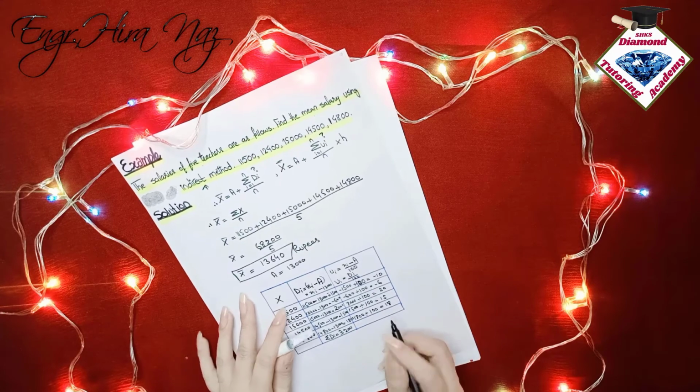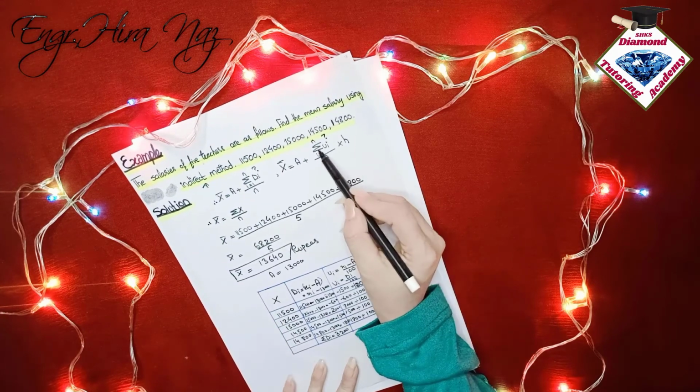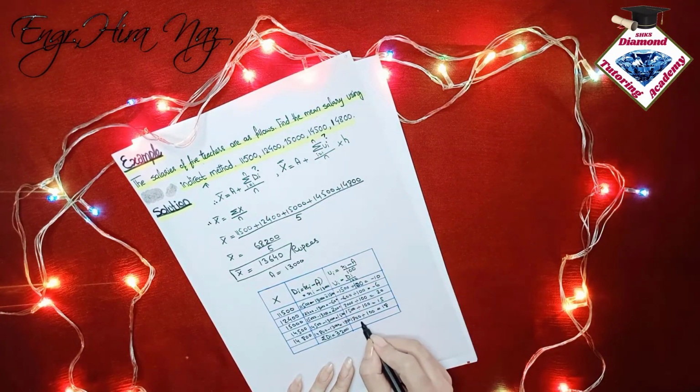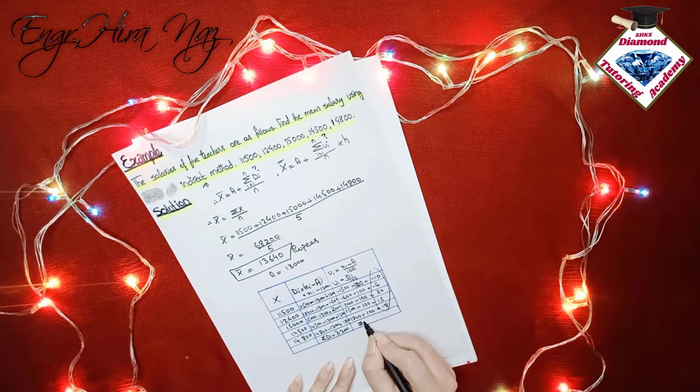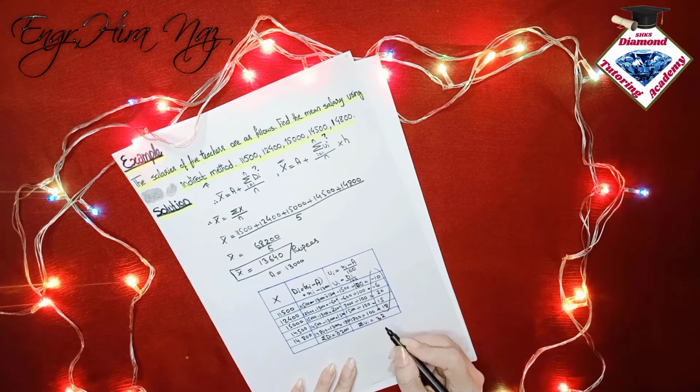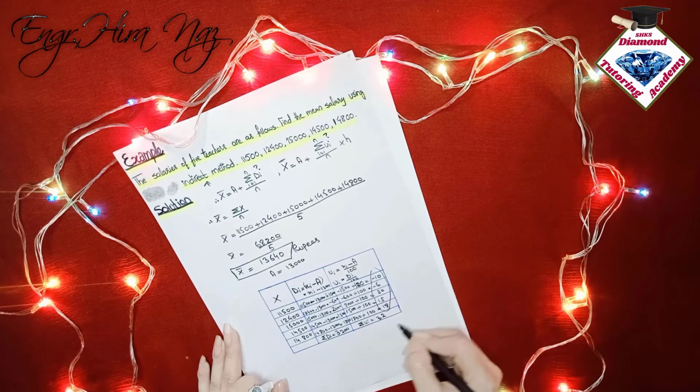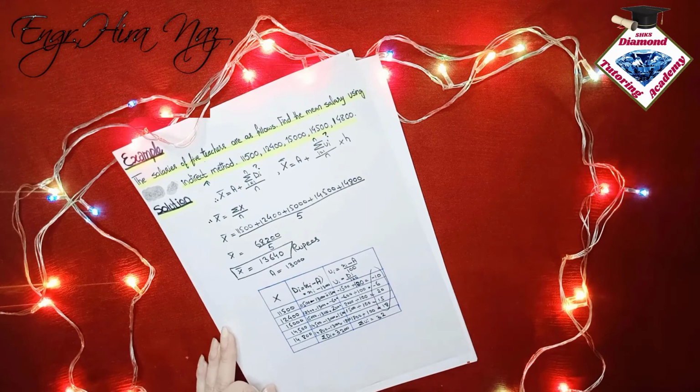And that's all. Now what you have to do, here you need sum of u. So you have to sum up these all here. So you will get 32. Understand?